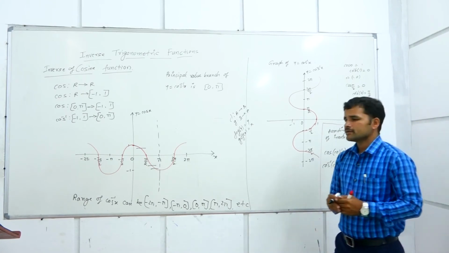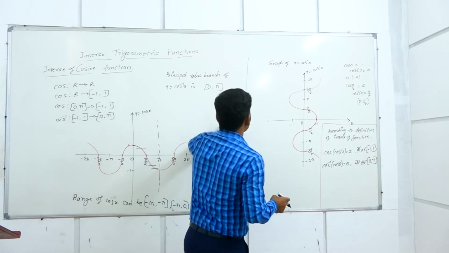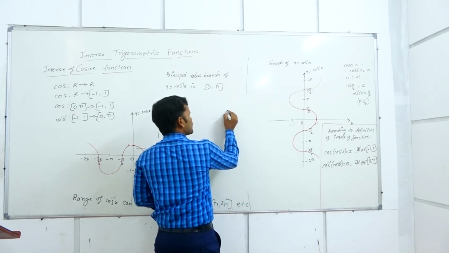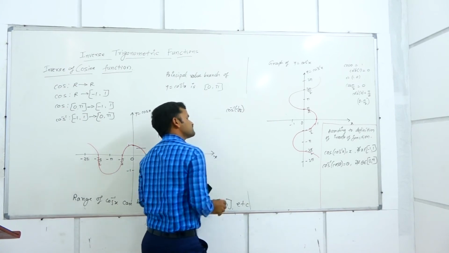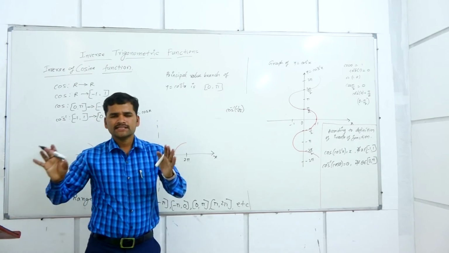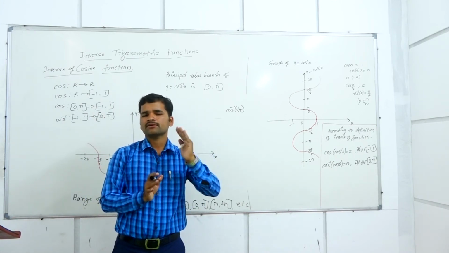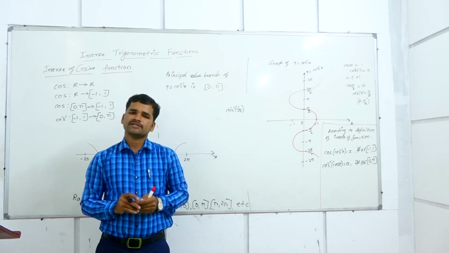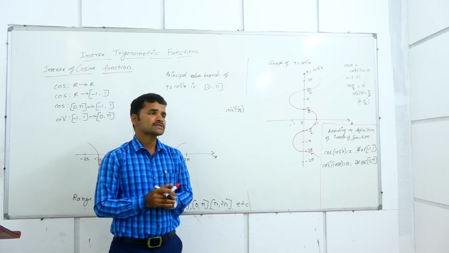About the problems I will solve later. Otherwise, let me see 1 or 2 examples here. What about the value of cos inverse of 1 by root 2? It is very simple. You remember the table you have studied in SSLC trigonometry, where we have studied 0 degree, 30 degree, 45 degree, all those.